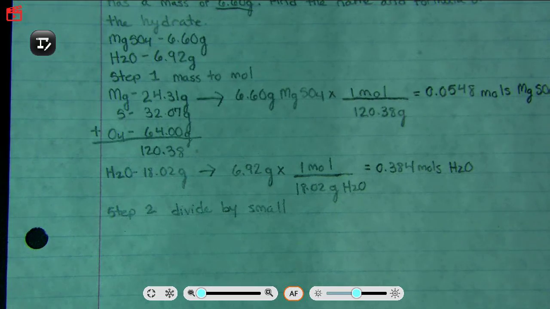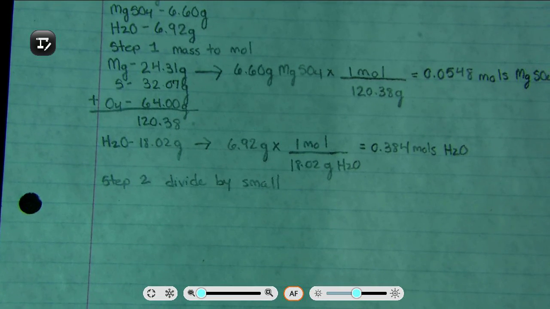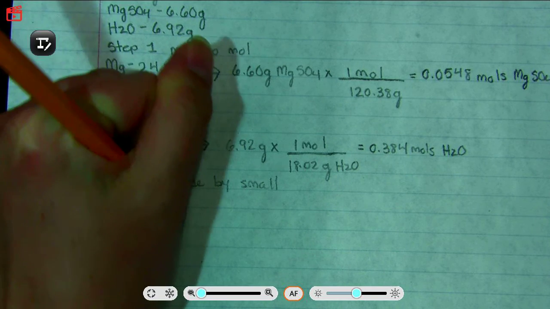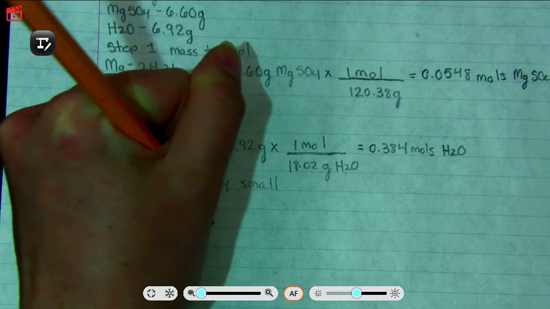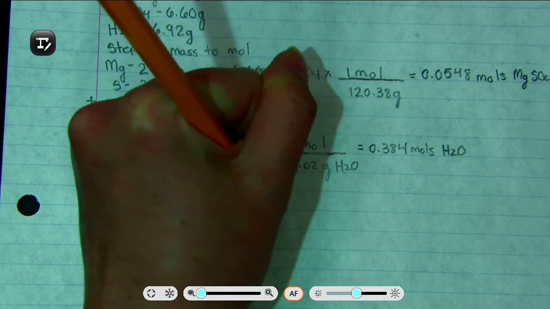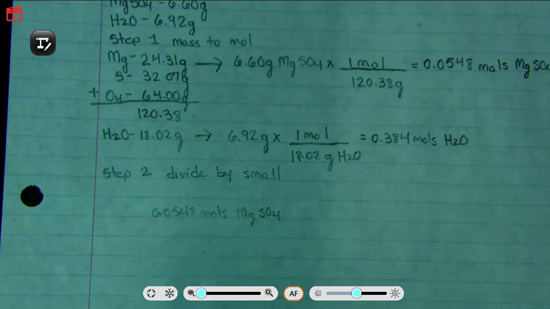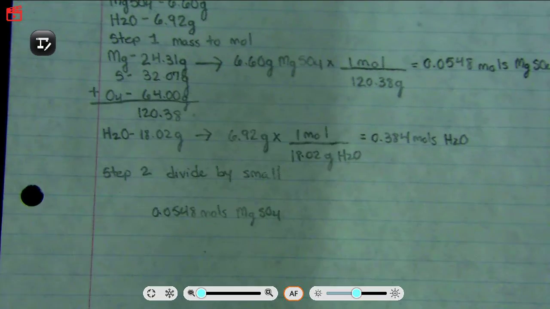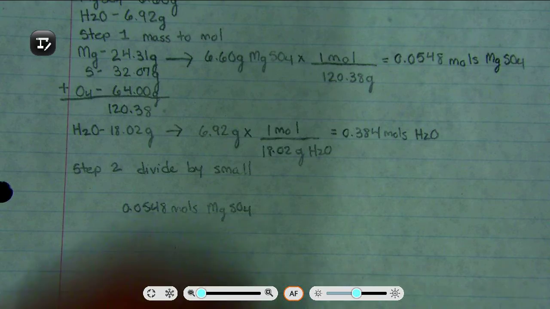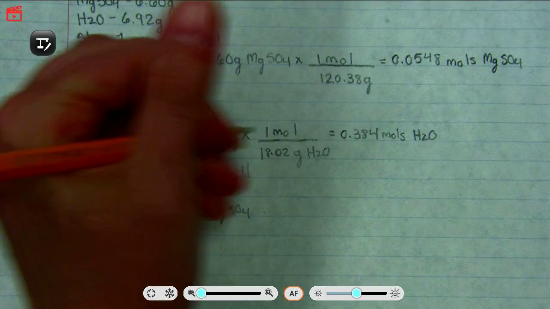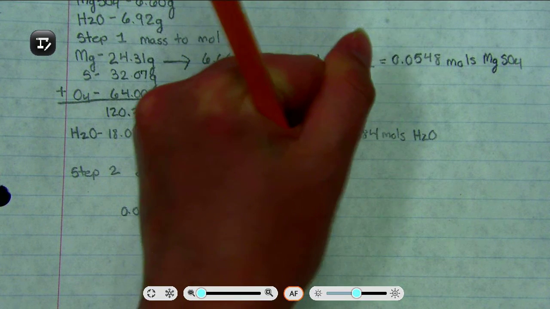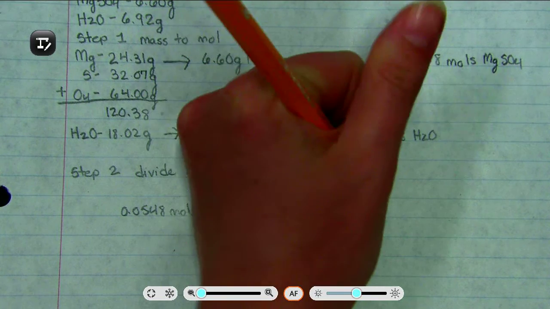So when we're looking at our mole ratio currently, it is 0.0548. The glare, huh? All right, that's a little better. 0.0548 moles MgSO4 to 0.384 moles H2O.